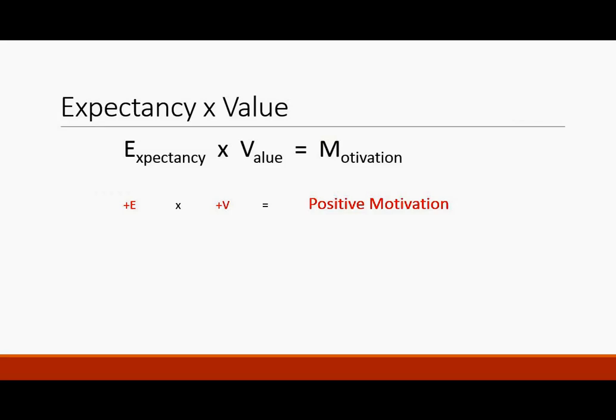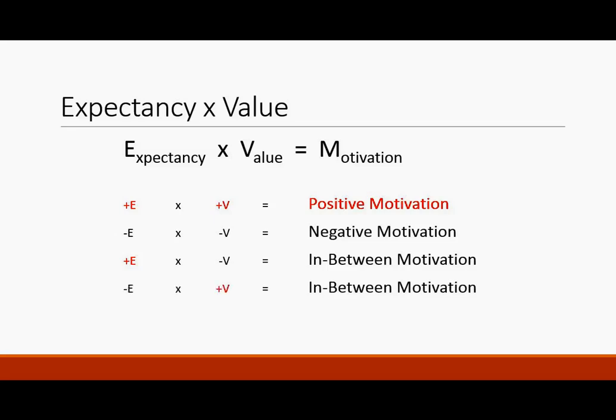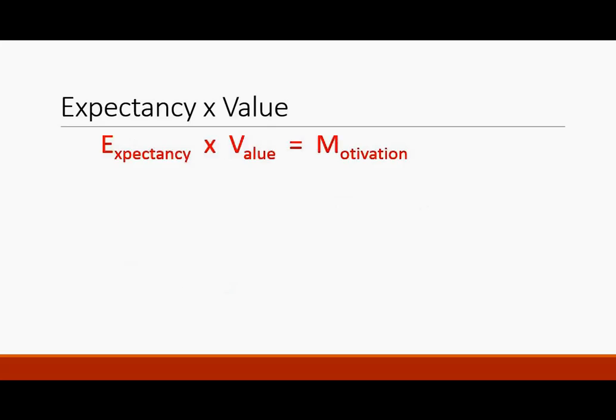High expectation, high value leads to positive motivation. Low expectation, low value leads to negative motivation. And then we might have a moderate motivation produced from high expectation and low value, or low expectation but high value.